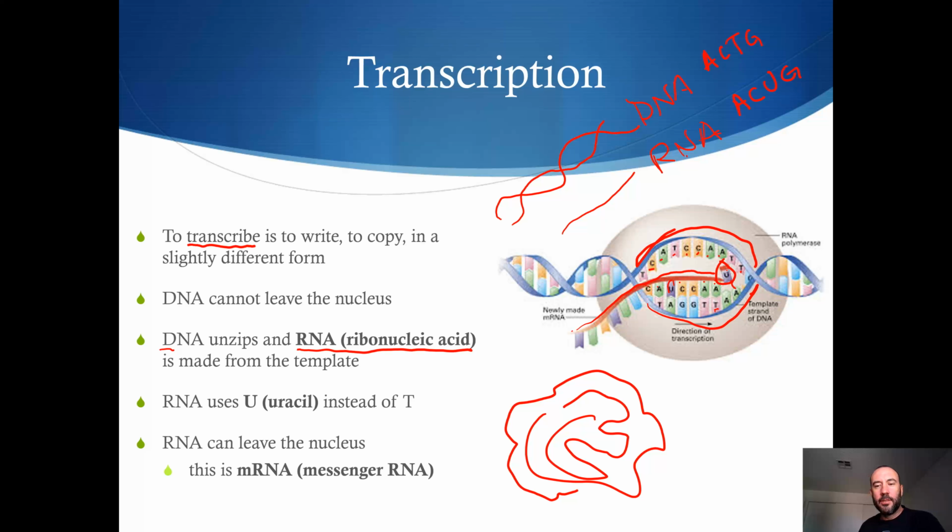That would be ridiculous. So that's like DNA leaving the nucleus. It doesn't happen. It can't happen. What you do is you take a specific book or group of books off the shelf, you check those out, and you take those home. So that's kind of like messenger RNA strands being created and leaving the nucleus.